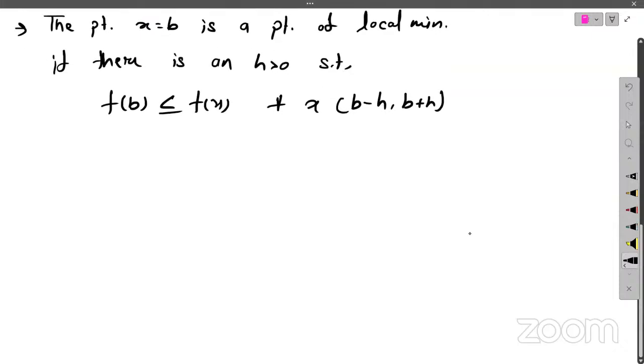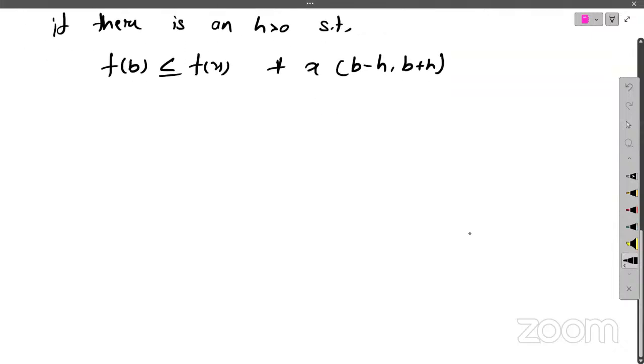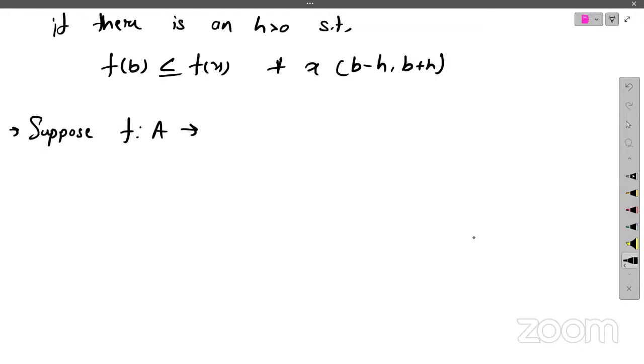Now, what do we understand by turning point? This local maxima and local minima are also turning points. But before turning points, let's understand what increasing and decreasing functions are. So increasing function. Suppose f is a function from a set A to a set B, or let's take it to be from real numbers to real numbers.